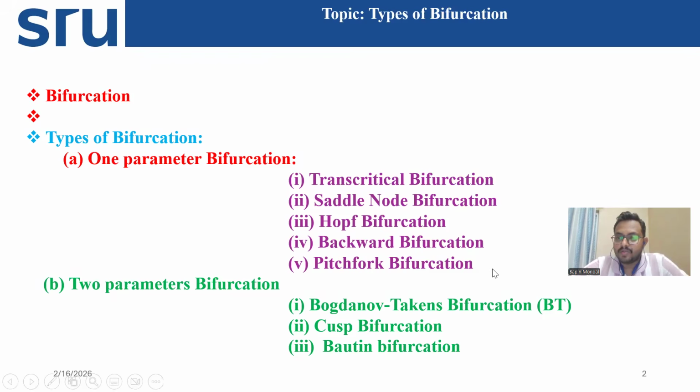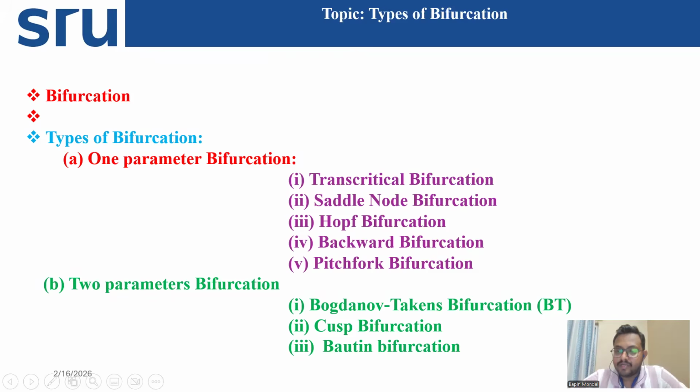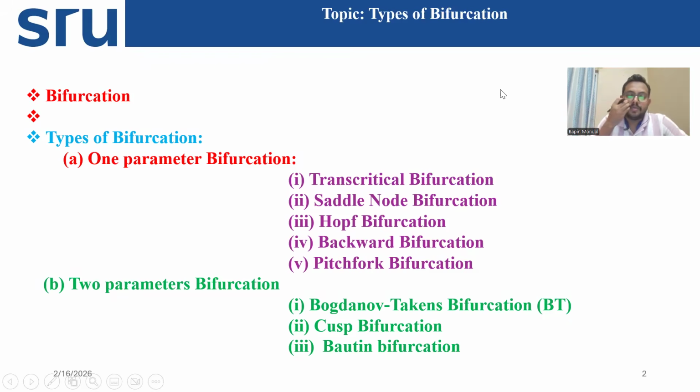So for this lecture, we first discuss various types of bifurcation, then we discuss our bifurcation, the transcritical bifurcation. In our continuous model, we have mainly two types of bifurcation. First one is one-parameter bifurcation, second one is two-parameter bifurcation. For one-parameter bifurcation, we have transcritical, saddle-node, Hopf, backward bifurcation, pitchfork bifurcation.